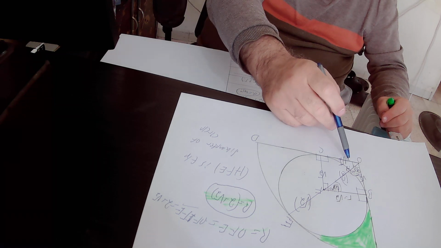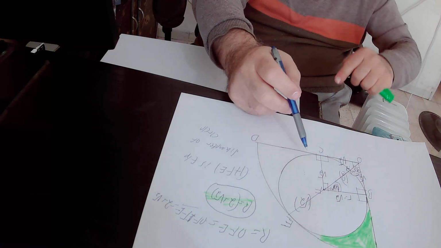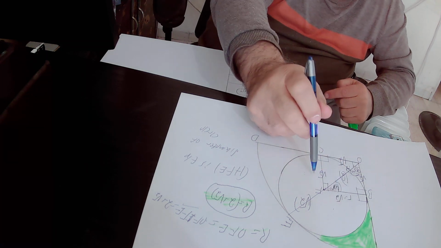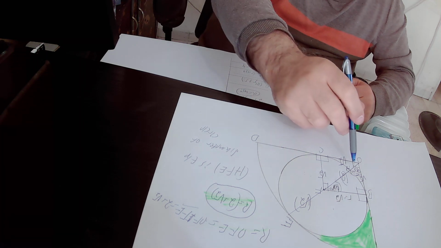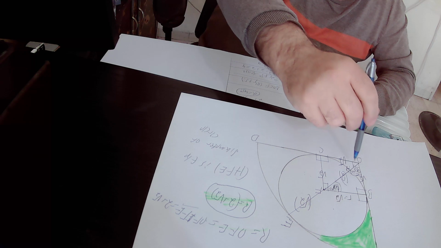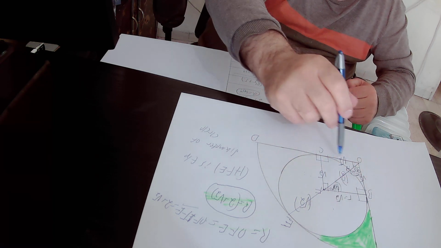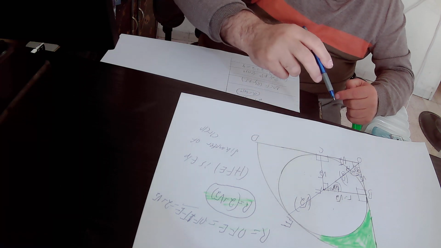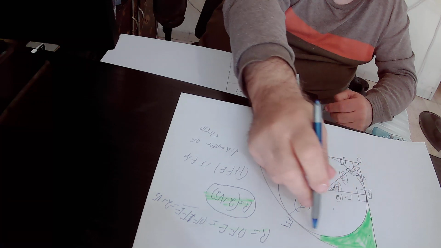So the diameter FE bisects this small circle into two halves. This is the first half, and this is also the second half. So therefore, this is a semicircle, and this is also a semicircle.